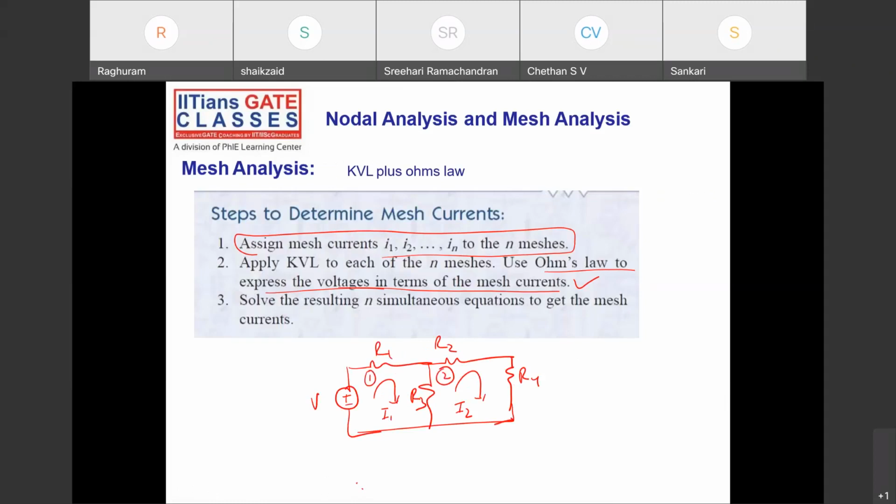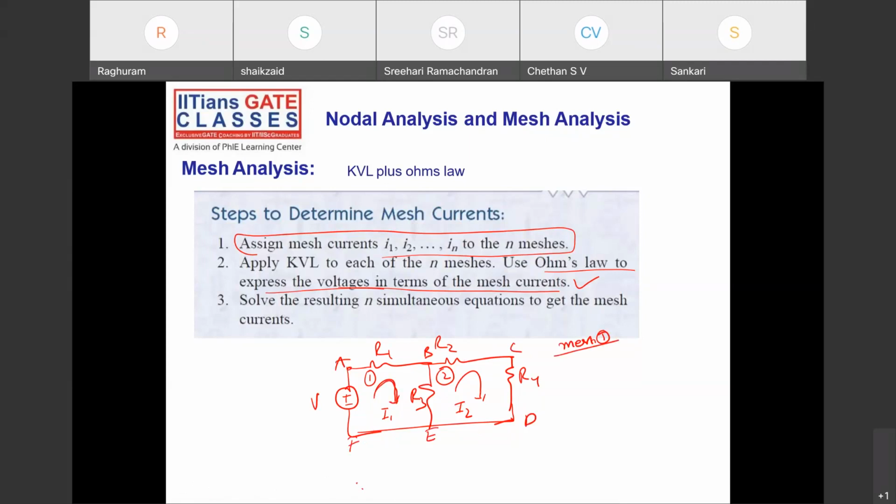I'm writing the equation for mesh 1. Whenever you follow this, you have to use only one direction so as not to get confused. Someone uses I1 in this way, someone uses it the other way. I always try to use clockwise. You can use counterclockwise directions.